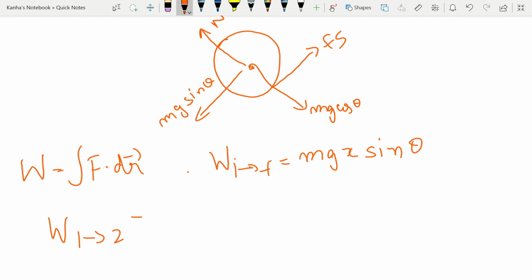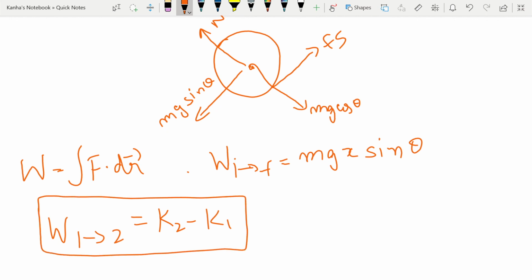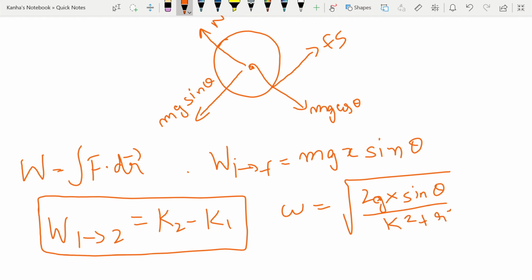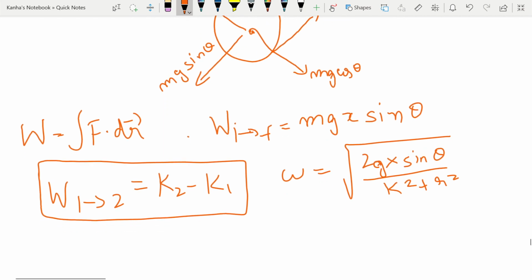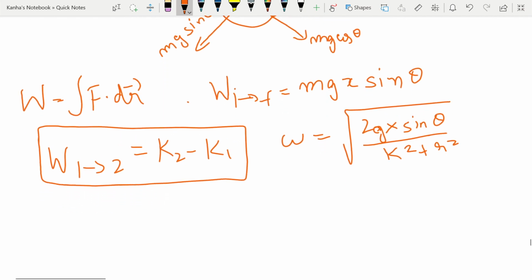Now you can easily substitute the values that we found earlier into this equation and use that the work done from 1 to 2 is nothing but K2 minus K1, using 1 as the initial position and 2 as the final position. I can write omega is equal to root of 2gx sin theta by (k square plus r square), and using this you can find Vc because we know that V is equal to omega r.